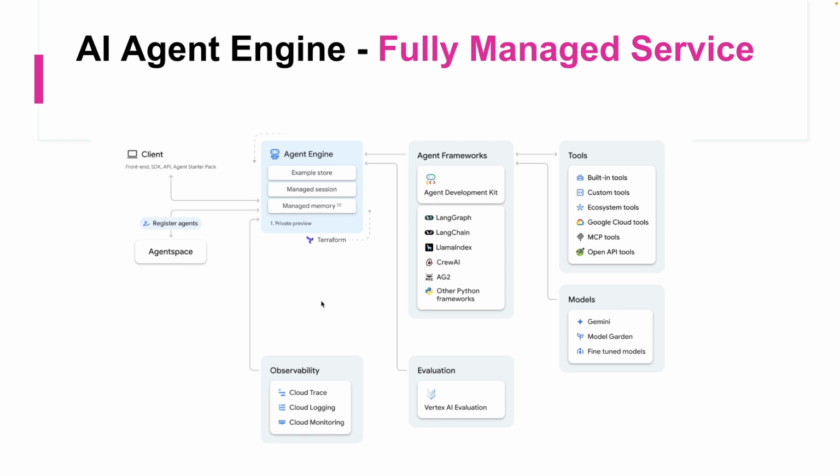The core functionality of the Vertex AI engine includes starting a new conversation, so it creates a new session, and resuming an existing conversation. All this is done because it manages the example store, the session, and the memory.